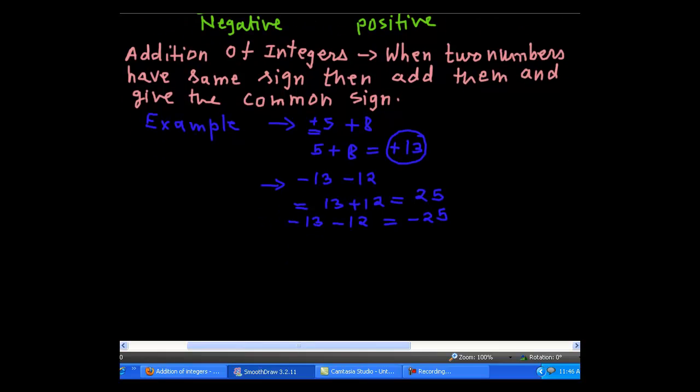Now we'll discuss subtraction of integers.